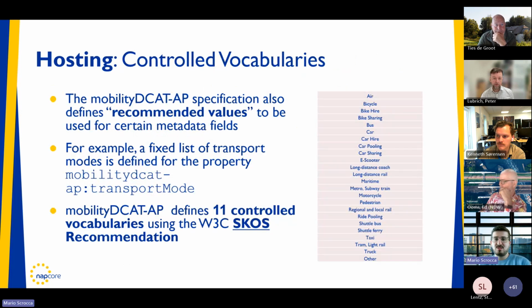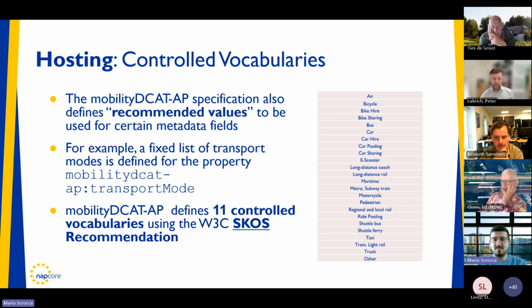Regarding hosting, we have to mention also another important topic, that is the one of controlled vocabularies. So as Peter mentioned before, we would like to agree not only on the metadata properties, but we are also interested in defining a set of values that should be used for these properties, that should be the same, because this really enables the standardization of the metadata and improves the findability of datasets that have the same value for the same property.